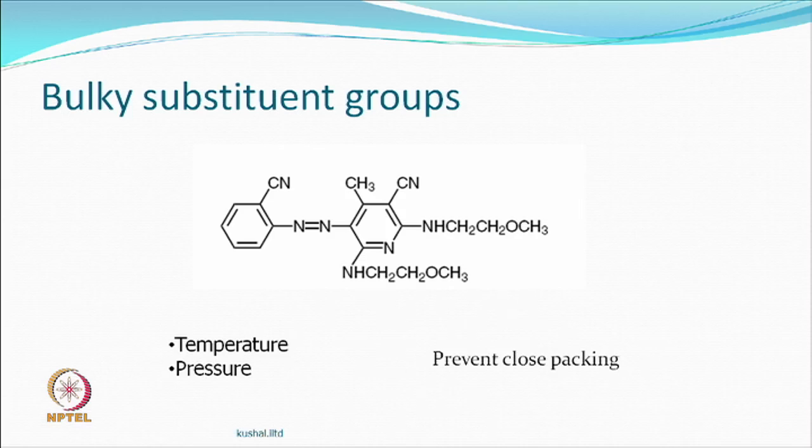This is good enough, a gap for a molecule. Molecule is very small and therefore, this gap is important. If the gap is more, obviously the molecule can go anywhere, and so the pressures will also be interesting. But bulky substituent groups are, let us say, a molecule which you would prefer.